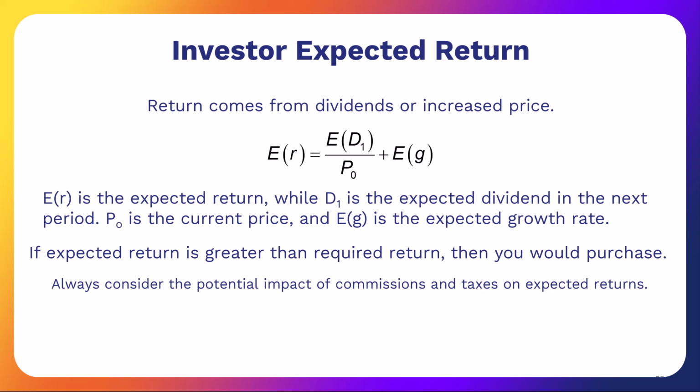The expected return is what you think you'll receive if you buy the stock. If this expected return is greater than what you desire, then you would want to purchase the stock. Now, one of the things a lot of these valuation models leave out is the impact of taxes and commissions. We are just looking for whether there is value being created by the company.